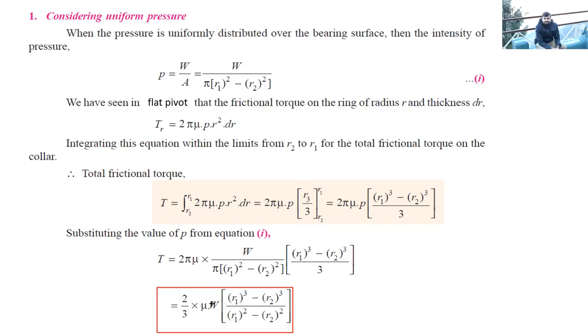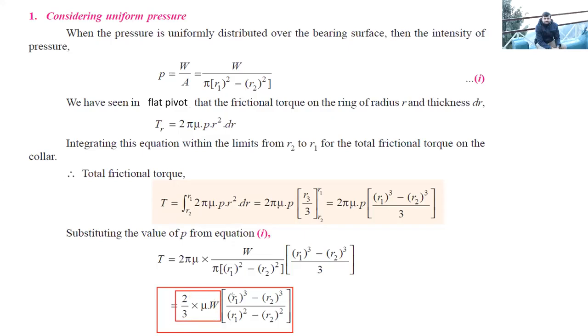Now this can be written as 2 by 3 mu into W into R effective, and that effective radius we can substitute as (R1 cube minus R2 cube) upon (R1 square minus R2 square). In previous cases, such as the conical pivot bearing and other bearings, it was 2 by 3 mu into W into R. So only the initial portion is similar.